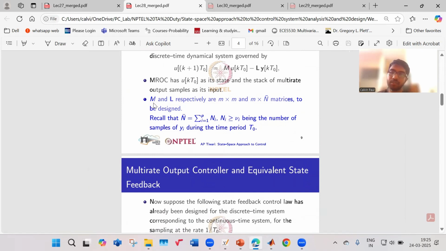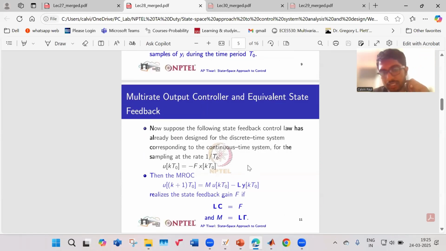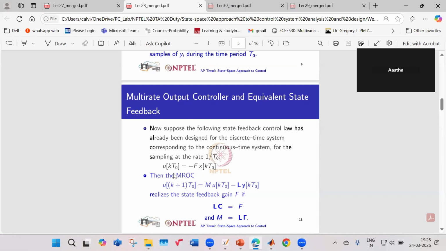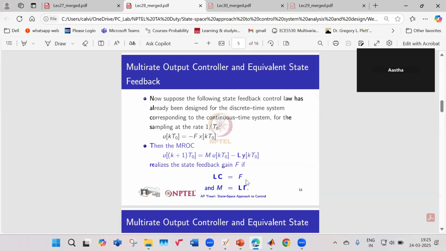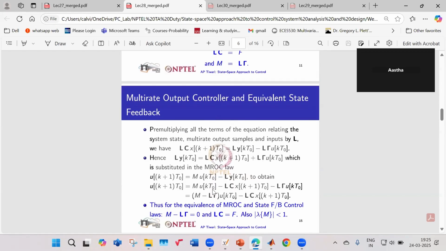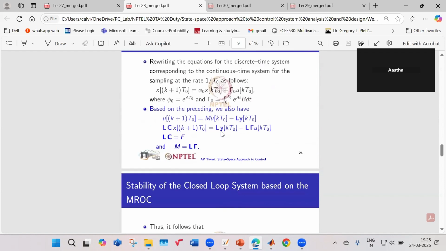If M is not stable, then it will not work properly. It has to be stable. And U is given as a function of the state. We have a state feedback control law. So effectively, we will get the MROC law to be given by this expression. And for this expression, what we will require is XC should be equal to F and M should be L into gamma. Okay, so let us consider this expression again. What do they mean?